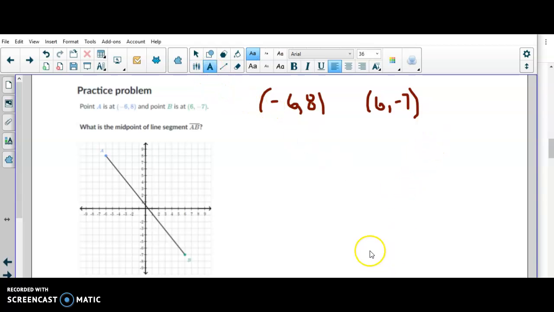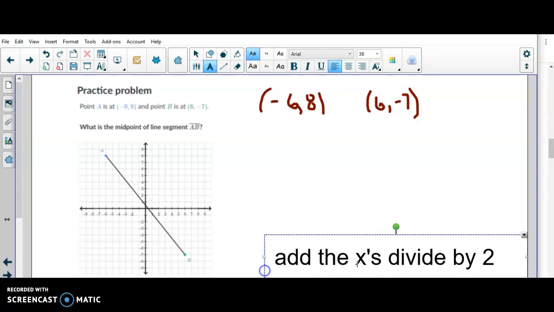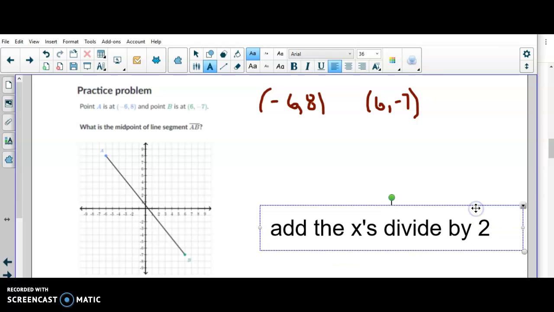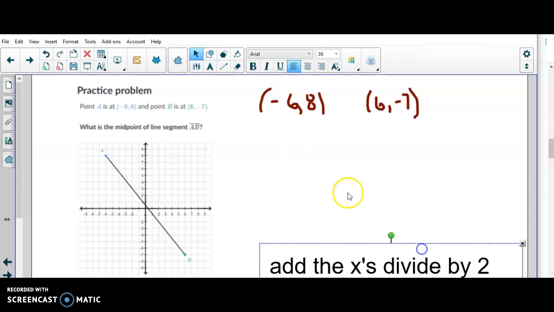Our rule to find the midpoint is we add the x's, divide by 2. Boom! That's all you do. Add the x's and then divide by 2. And then we are going to do the same thing for the y. Add the y's and divide by 2. But for now, let's just focus on that one first step. Let's just put that off to the side.